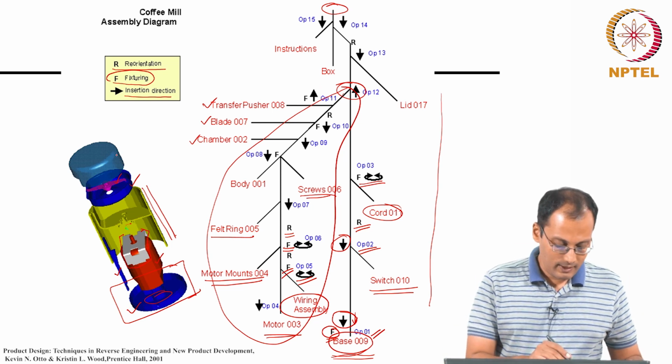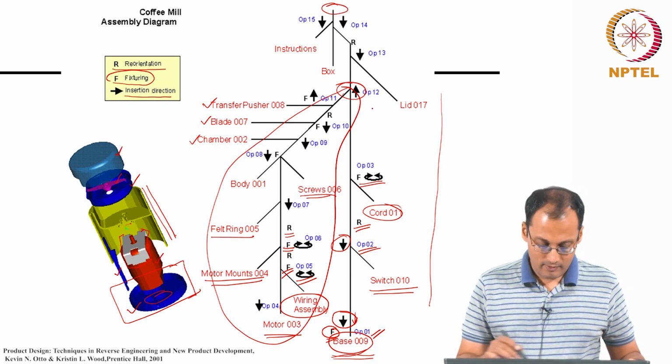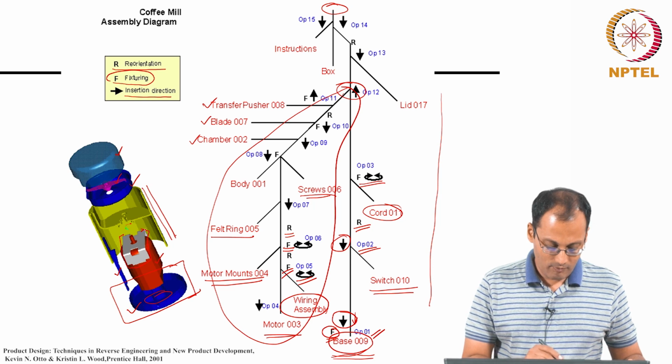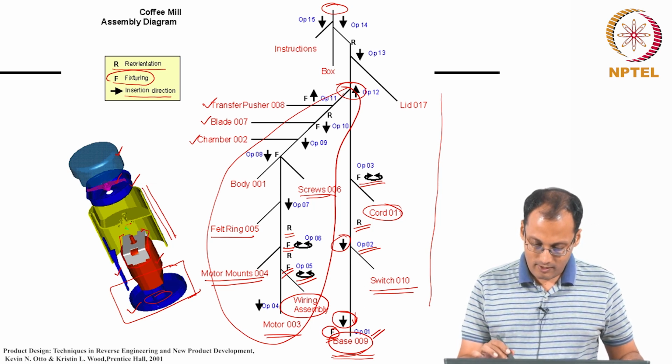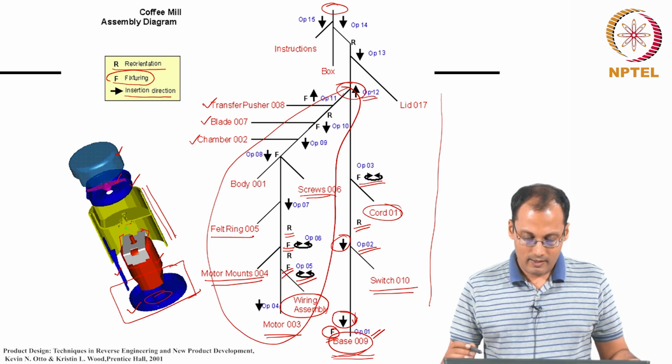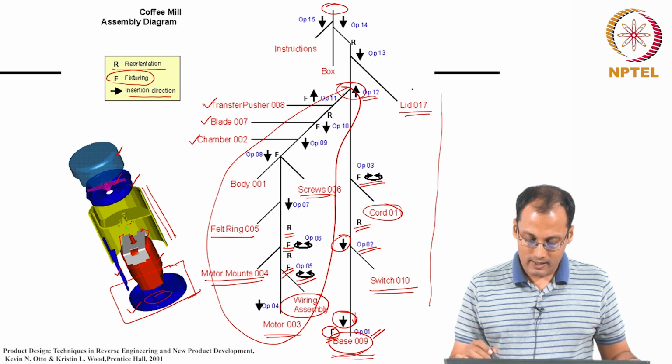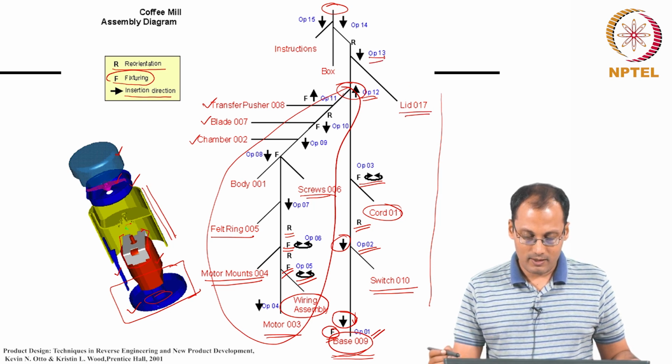So, finally, I bring in this lid. So, the motor mount and the motor assembly is attached to the base using this operation number 12, and finally, I will attach this lid using this operation number 13.